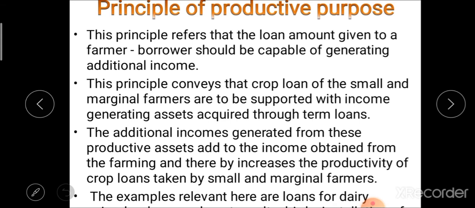So the loan must be used for productive purpose only, to generate additional income from this productive asset, and this income can be used for repayment of that particular loan. This is the first P, that is productive purpose.